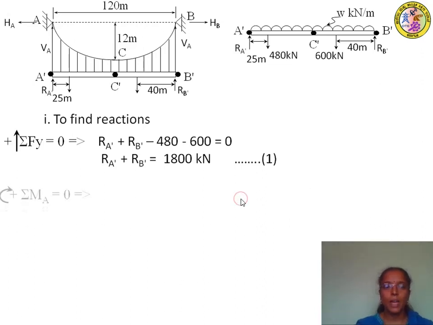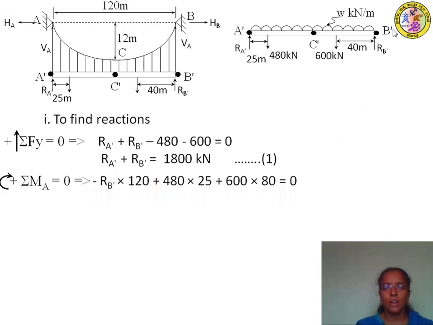Next we will apply sigma MA equal to 0. Take moments of all the forces about A and equate it to 0. So minus RB dash, this RB dash is inducing anticlockwise moment about A dash, therefore minus RB dash into 120, the span is 120 meter, plus 480 into 25, and then plus 600 into the remaining length.